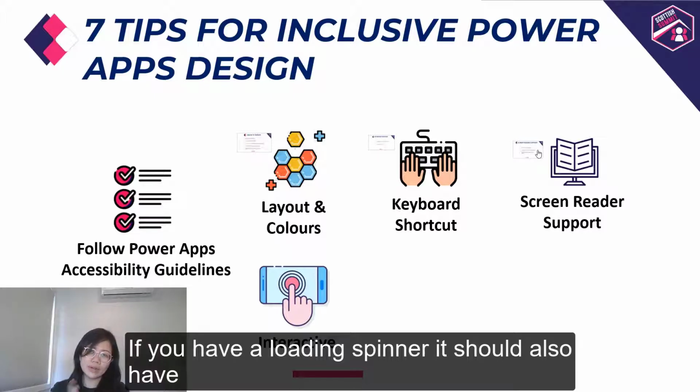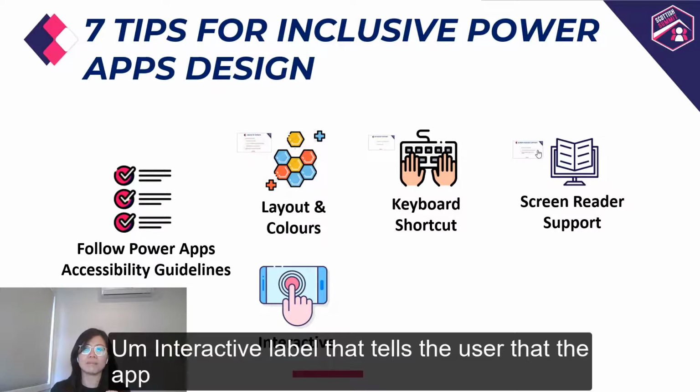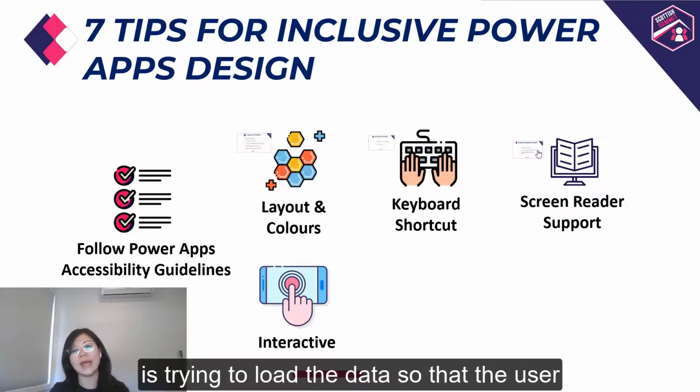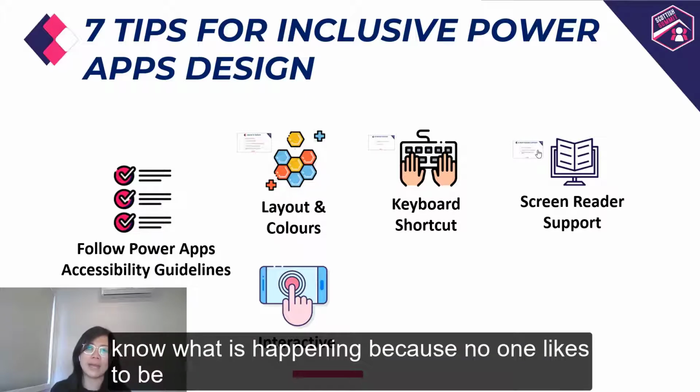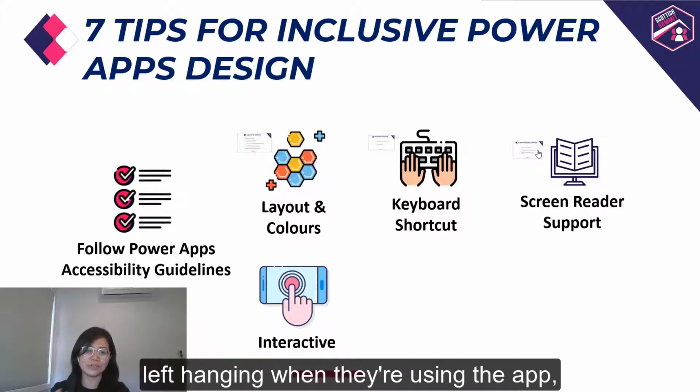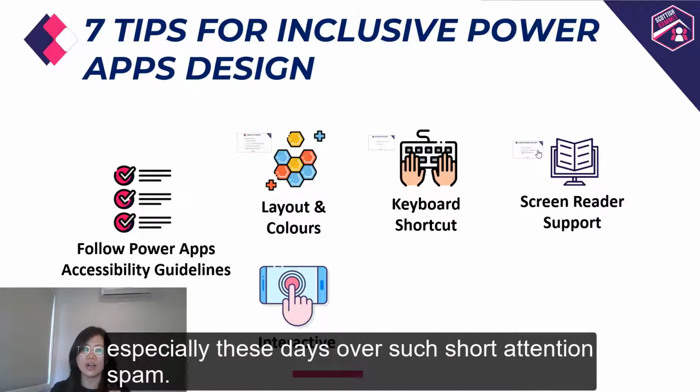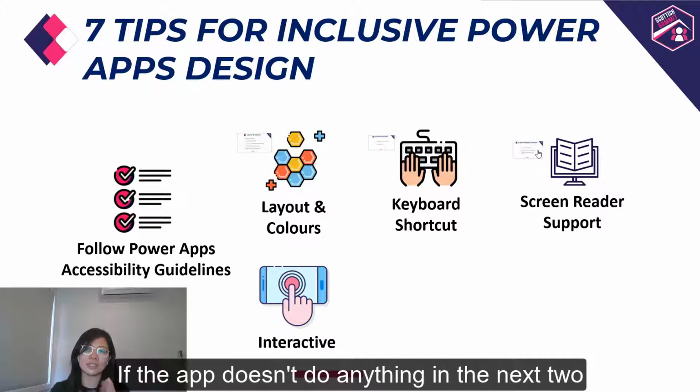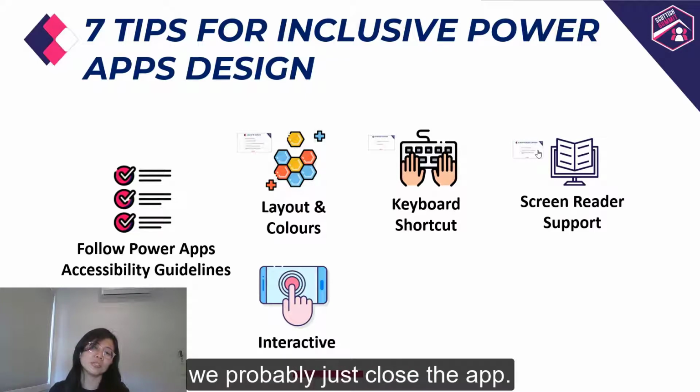It should also have an interactive label that tells the user that the app is trying to load data so that the user knows what is happening, because no one likes to be left hanging when they are using the app, especially these days. All of us have such short attention spans. If the app doesn't do anything in the next 2-3 seconds, we probably just close the app.